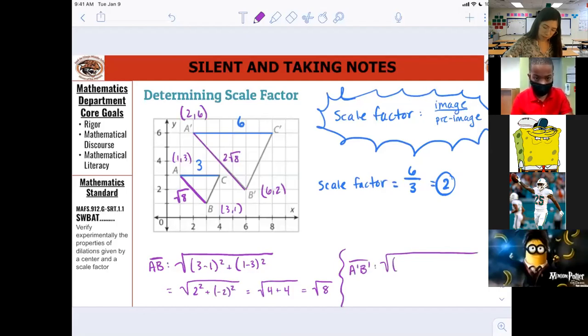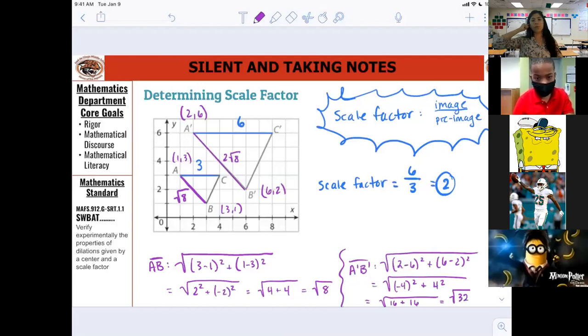So then here I would get 2 minus 6 squared plus 6 minus 2 squared. 2 minus 6 is negative 4 squared, and then 4 squared. I get 16 plus 16, 32. But hold up, I thought it was 2 times the square root of 8.